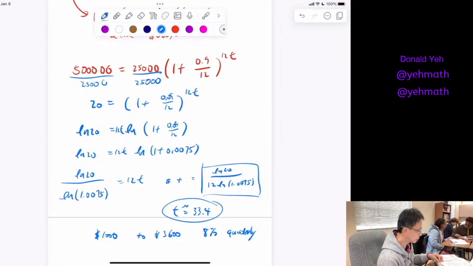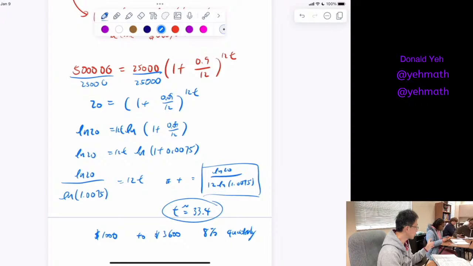I got it. When you divide, you have to put a parenthesis on the bottom.